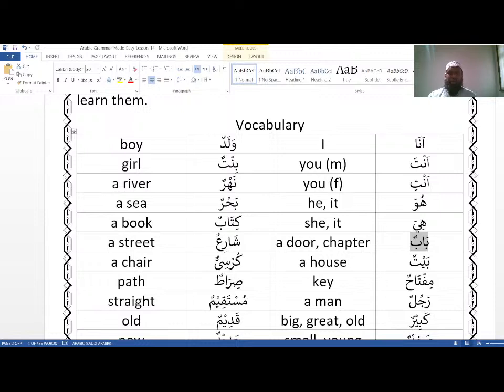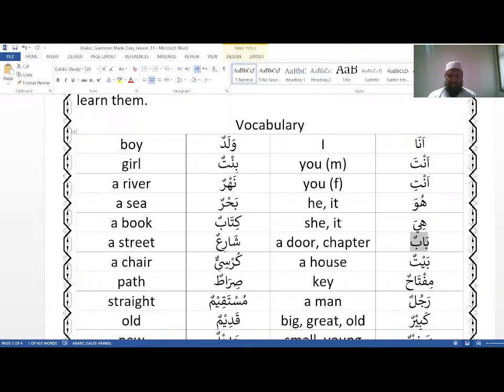We only make muannas, remember we said, those adjective isms, describing isms. We can make those isms into muannas by adding the ta marbuta at the end. Like here, kabirun. This word is an adjective, big, great, or old age.